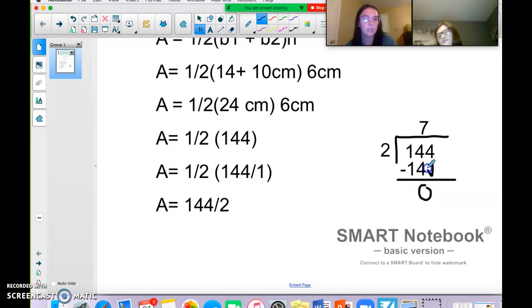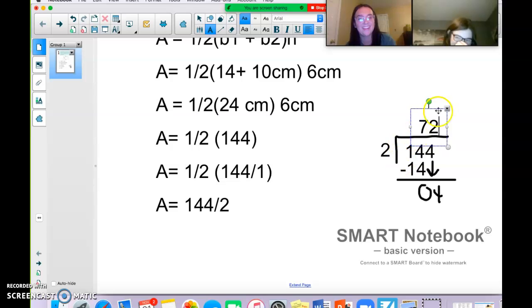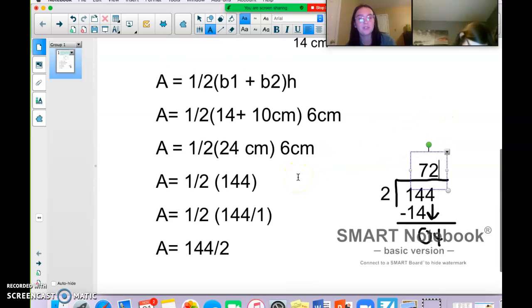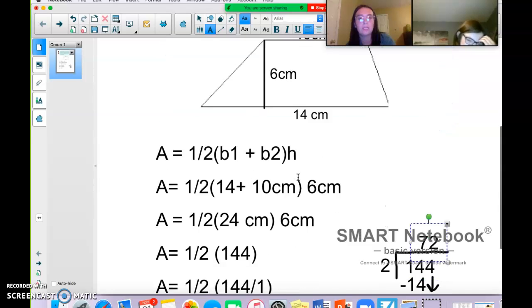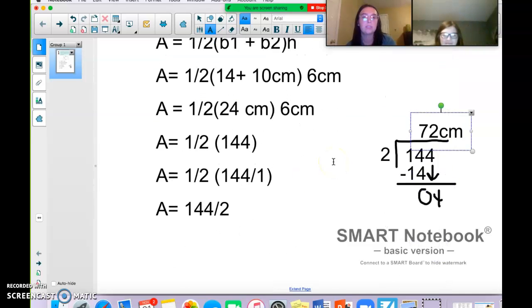Then we bring the 4 down, put our 4 right there, and 2 times 4 is 4 with nothing left over. So the answer would be 72. So the area of our non-isosceles trapezoid would be 72 centimeters squared.